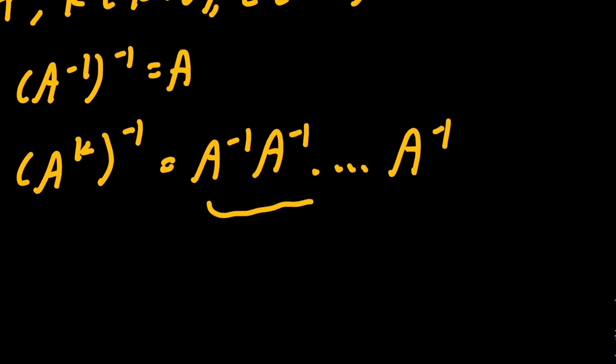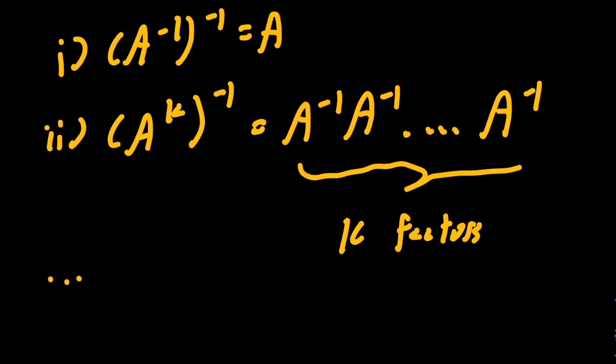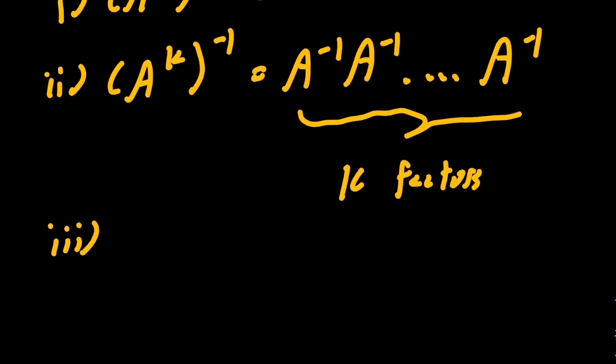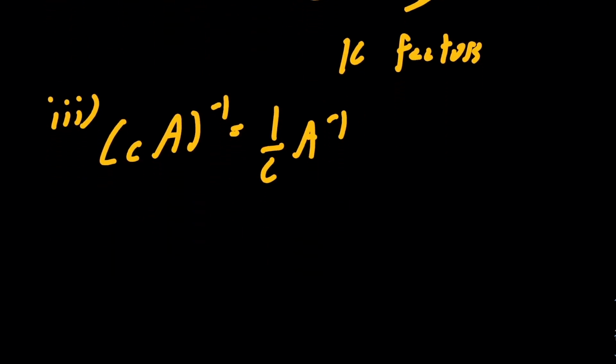And as a result, the series ends up being our K factors. Now, what if we have a scalar times our matrix to the negative first power? Turns out we can distribute the exponent, which is 1 over C, times the inverse of A. Alright.